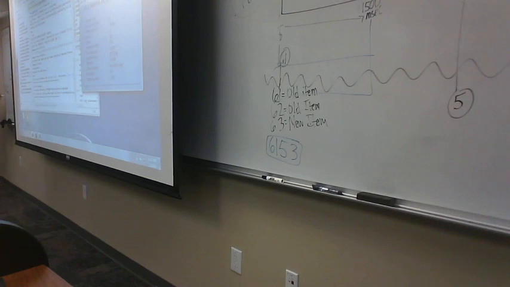Now, of course, 63 is a new item. Make sense? Okay. And then, of course, this is going to be either 1, 2, 3, 4, or 5. This is going to be either 1, 2, 3, 4, or 5.